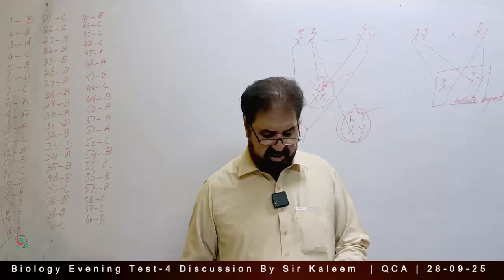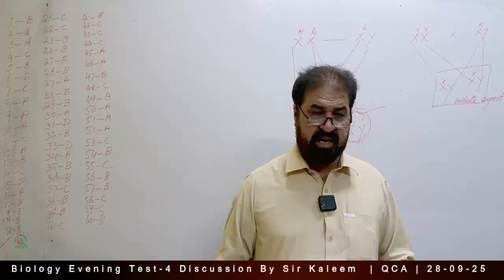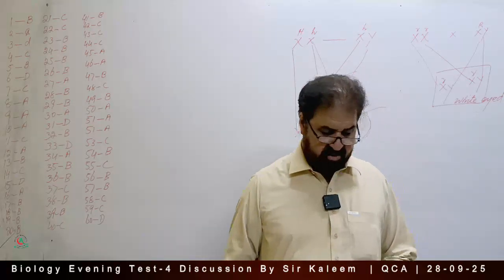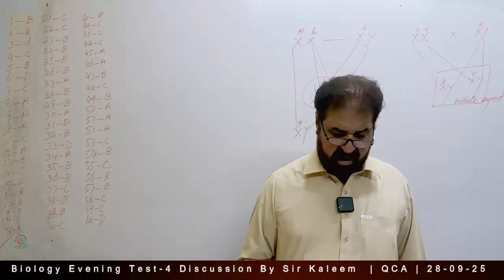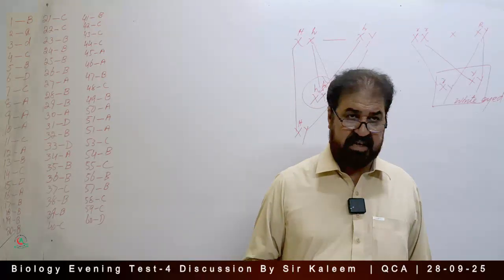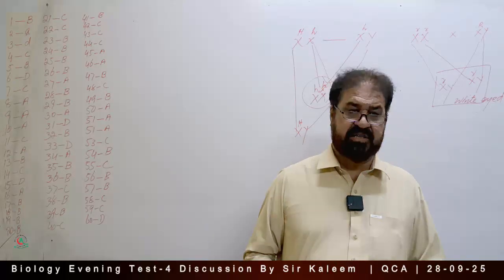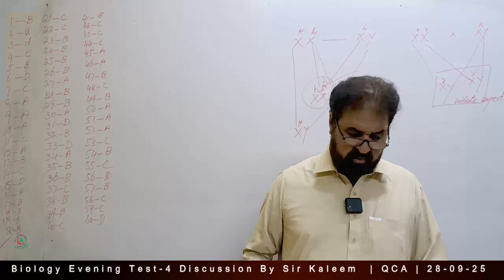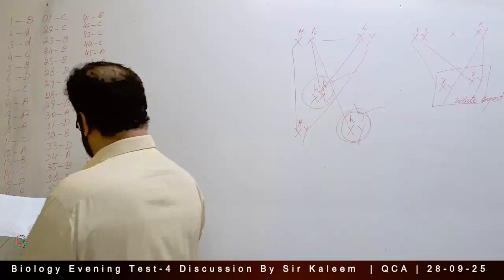Question 61. Which condition is the leading cause of end-stage renal disease or chronic kidney failure? The correct answer is diabetes mellitus. Long-term diabetes mellitus is the cause of chronic kidney failure or end-stage renal disease. So in question number 61, option B is correct.